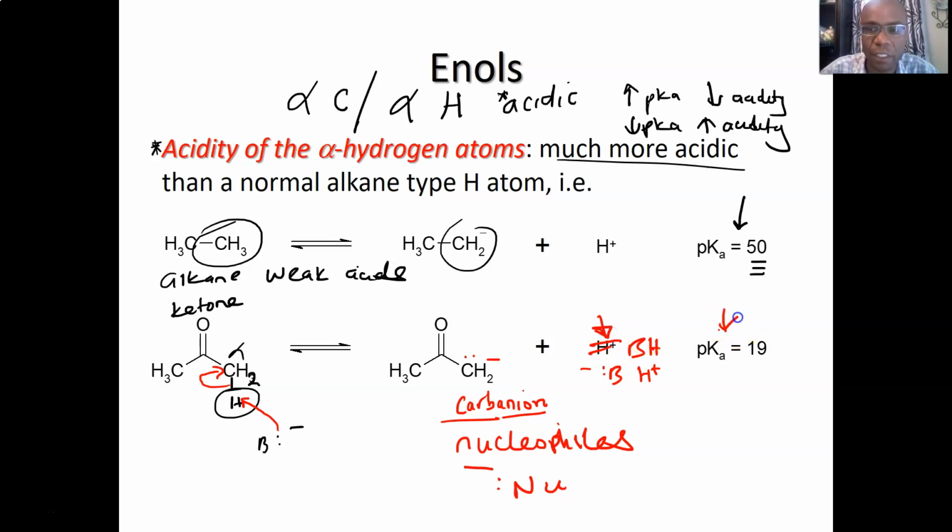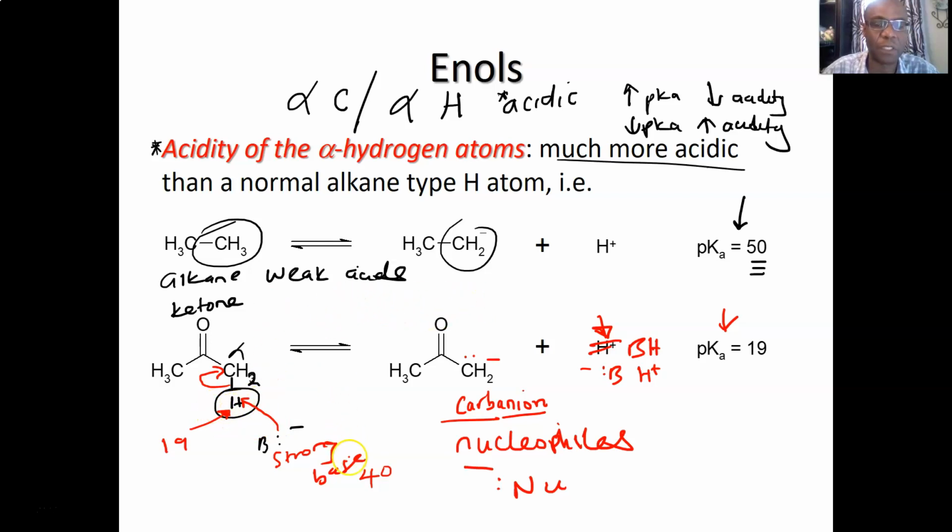Look at the pKa. The pKa of taking out this hydrogen is 19, which means if you get a stronger base, it's possible to take that out, because strong bases could probably have a pKa of about 40 or so, which can take out that hydrogen.